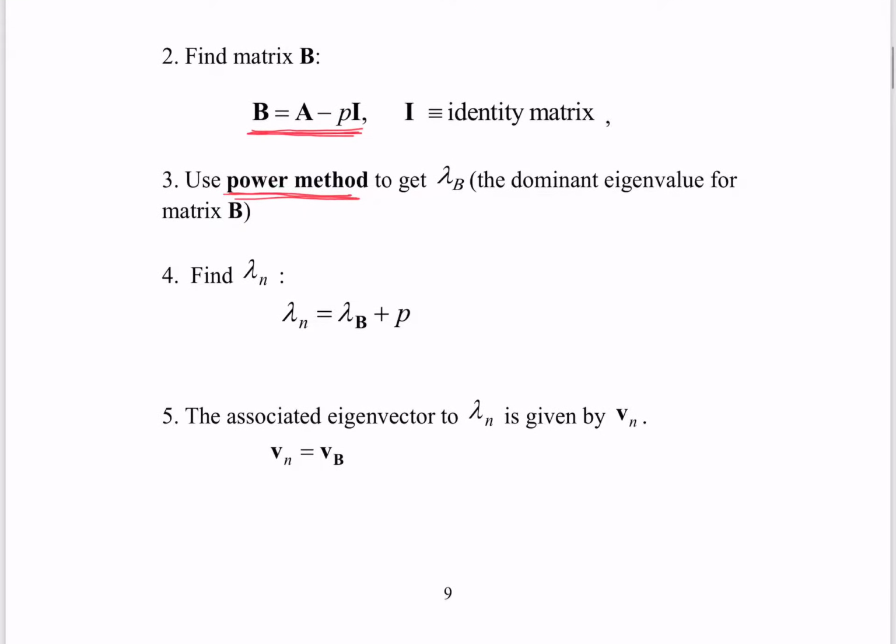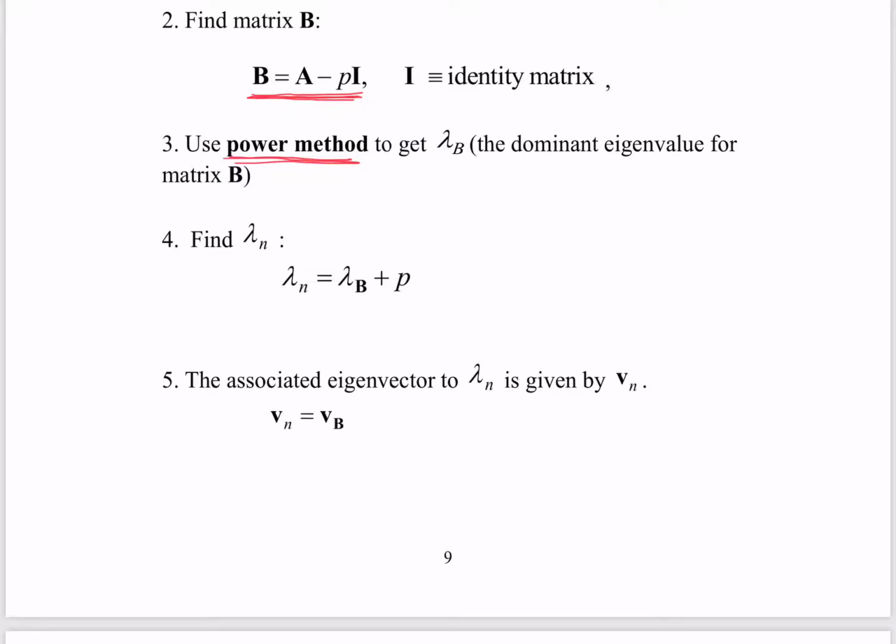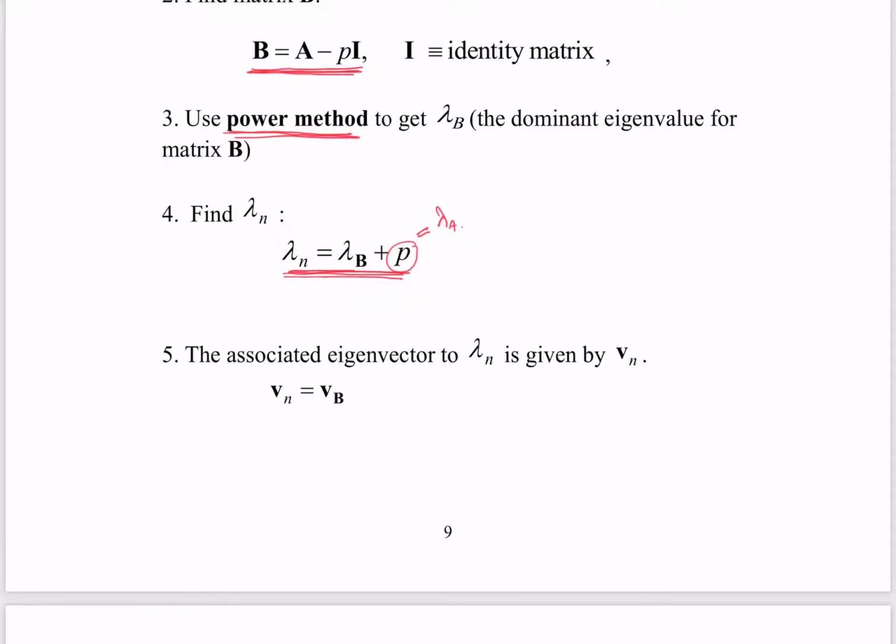After that, the smallest eigenvalue can be obtained by the formula I underlined: lambda n is equal to lambda b plus our shifted factor p, which is the dominant eigenvalue of matrix A. We can also find the associated eigenvector, which is equal to the eigenvector of matrix B obtained by the power method.